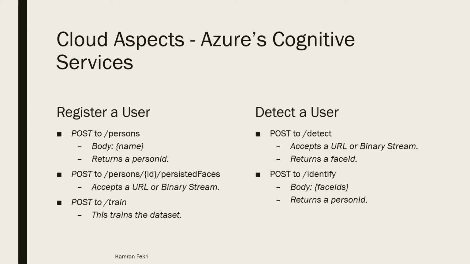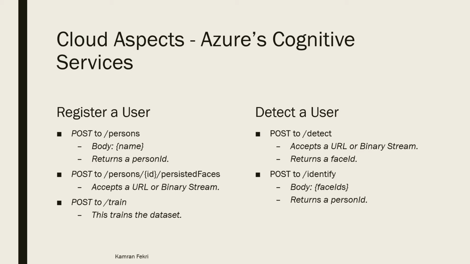The next action we use is to detect the user within an image. The first step is to call the detect API and provide a URL or binary stream of an image. This will detect if there's a face in the image. If there is a face, it will return a face ID.